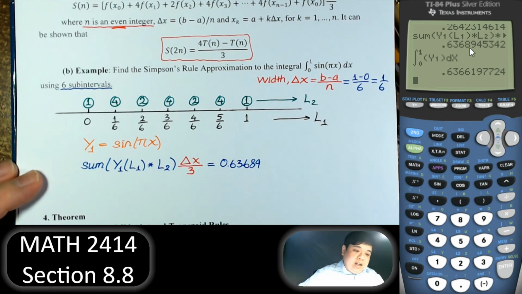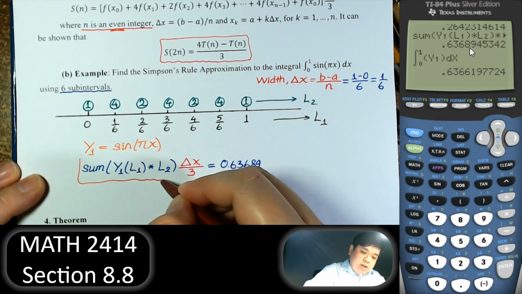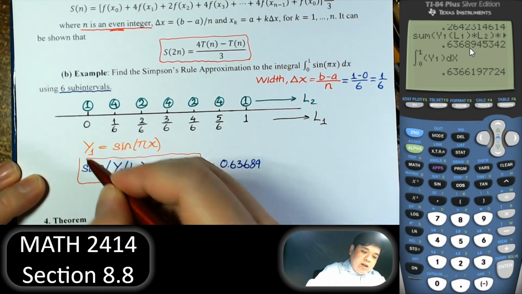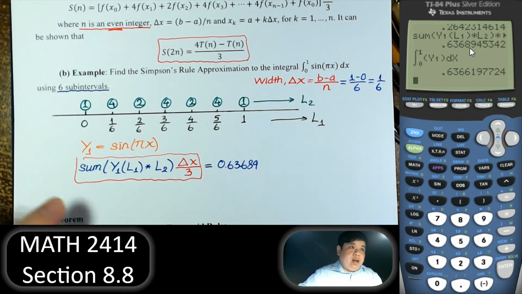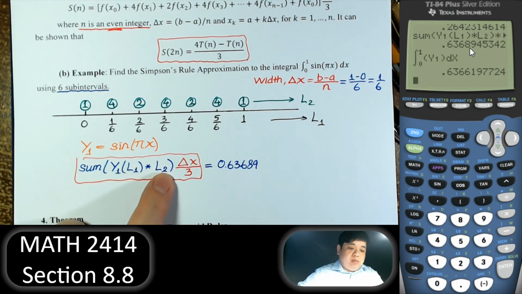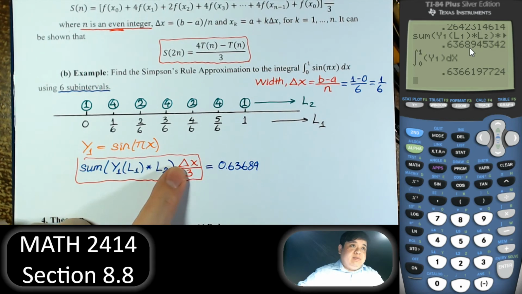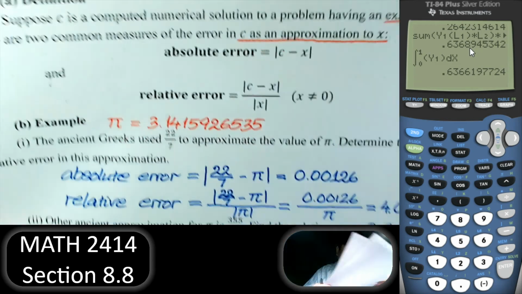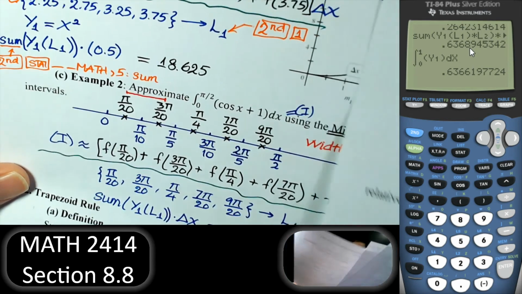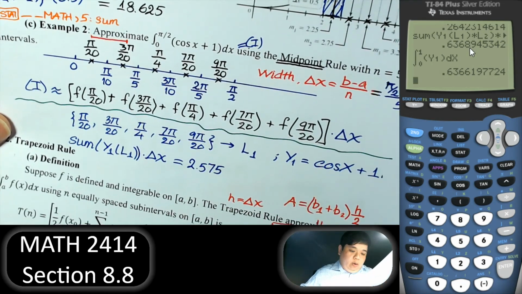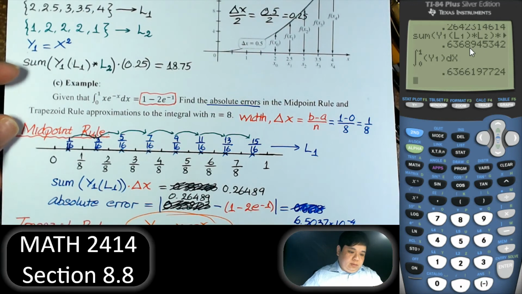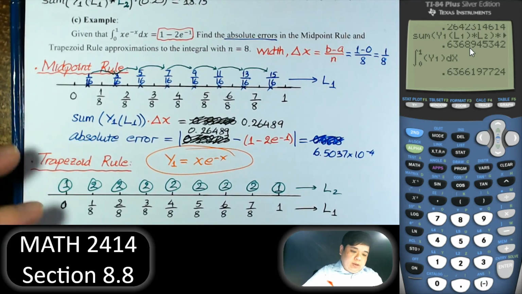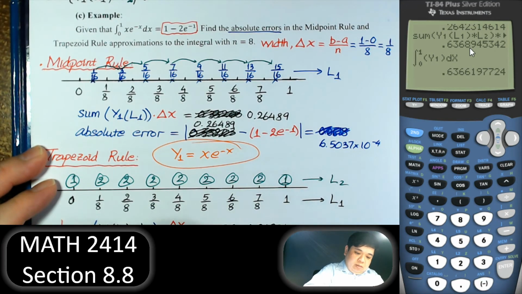So once again, in the Simpson's rule, the summation of the values of the function times the coefficient, and then the width delta x divided by 3. For the trapezoid rule, this is divided by 2.